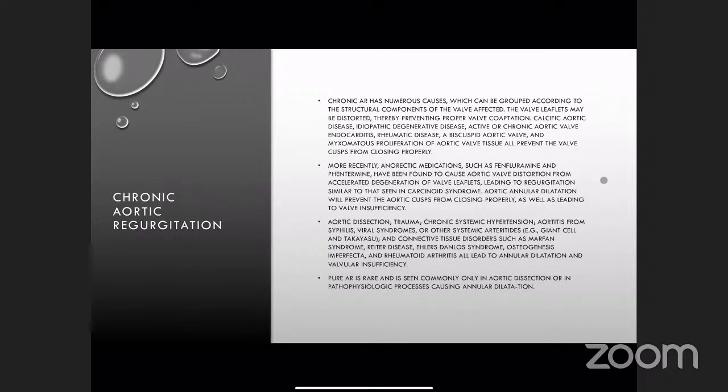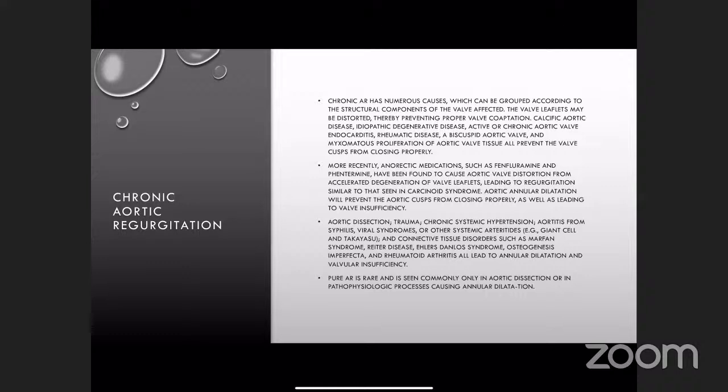Chronic aortic regurgitation has numerous causes, which can be grouped according to the structural component of the valve affected. The valve leaflets may be disordered, thereby preventing proper valve coaptation.